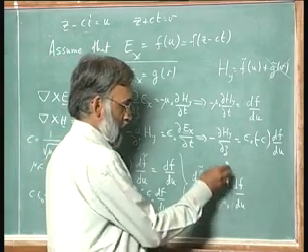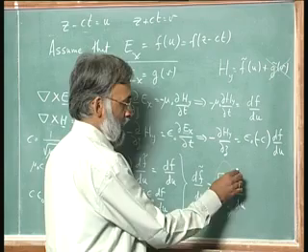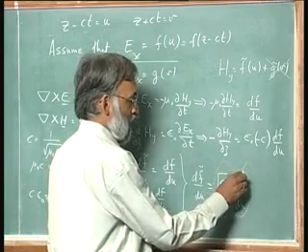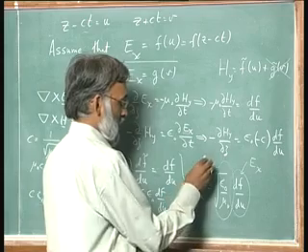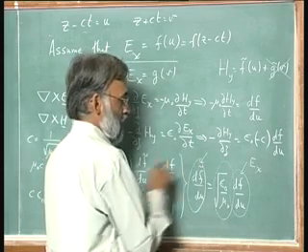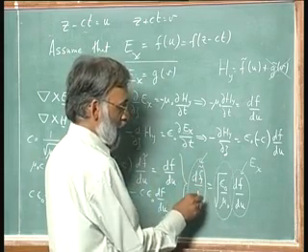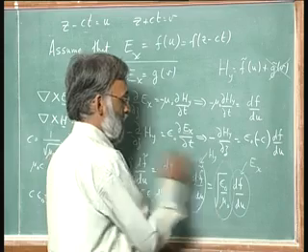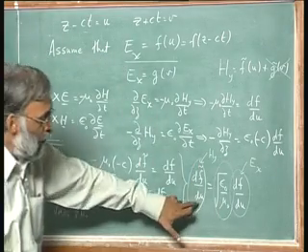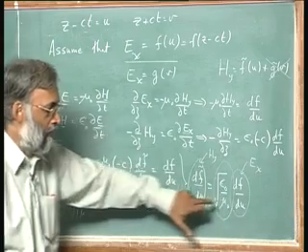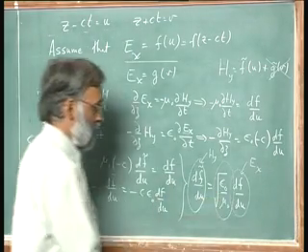This is just a constant. This is the u derivative of the electric field. This is the u derivative of the magnetic field. Now, if you integrate both sides with u, what will you get?